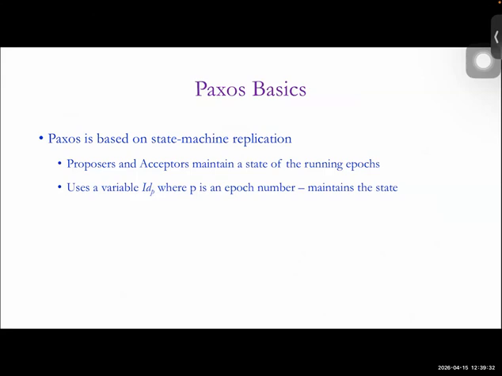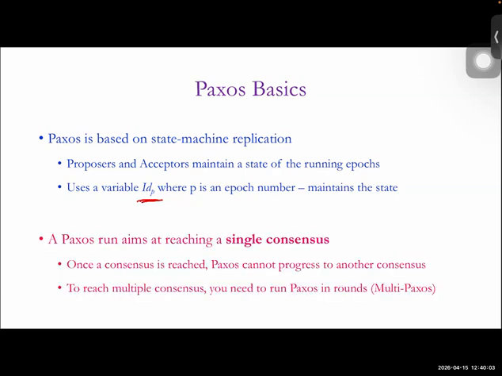So basic Paxos is based on state machine replication. It is a small unit of execution code, automatically running code that will be executed by every machine in the network. The proposers and acceptors maintain the state of the running epoch, using variables like the proposer ID, where P is the epoch number that maintains the state, and they run a single consensus.